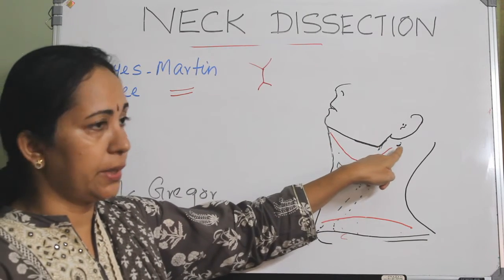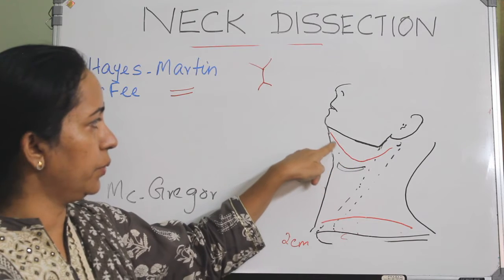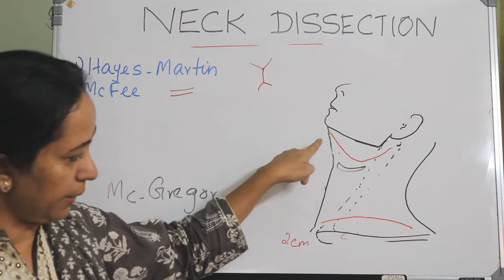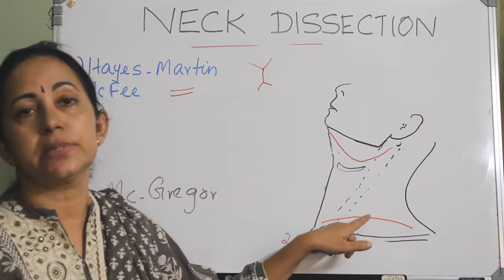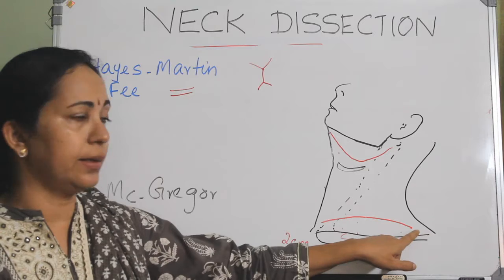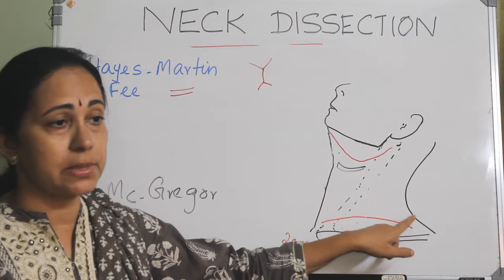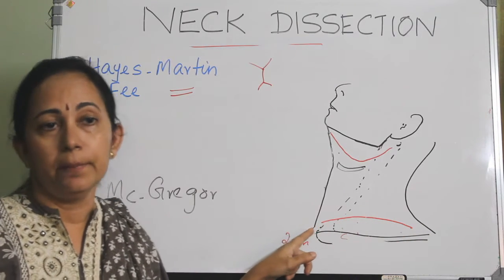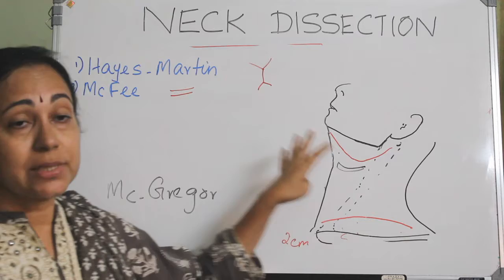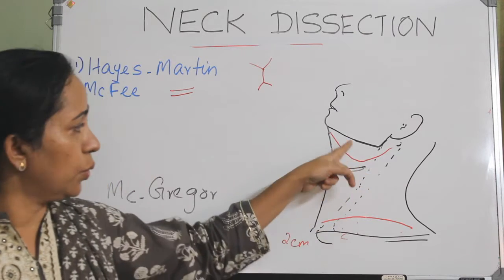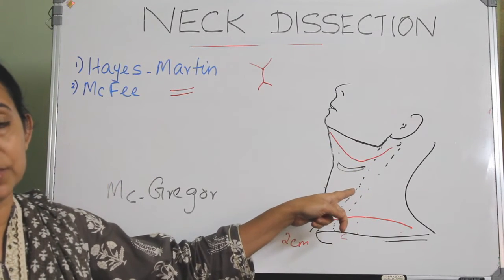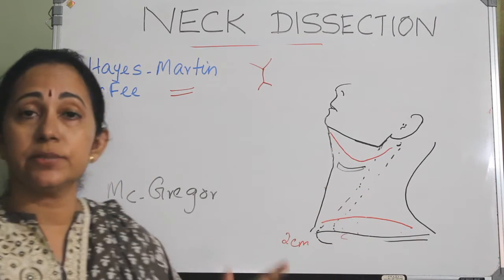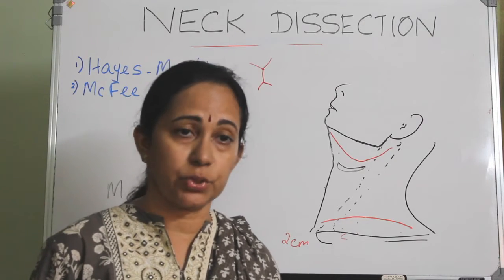Upper one starting from mastoid process, coming down to the hyoid bone, then going upwards towards the submental area, and the lower one 2 cm above the clavicle, starting laterally from the anterior border of the trapezius muscle, coming medially to the midline. So this has got an advantage because there are no crossings or confluences of the incision, so it will not compromise the blood supply at all.